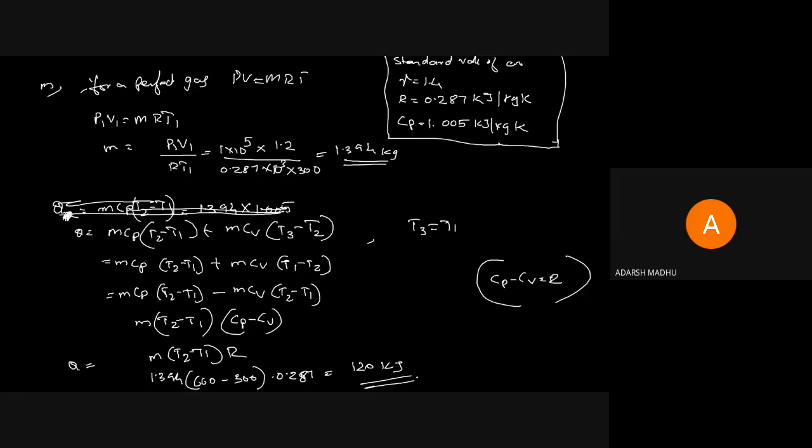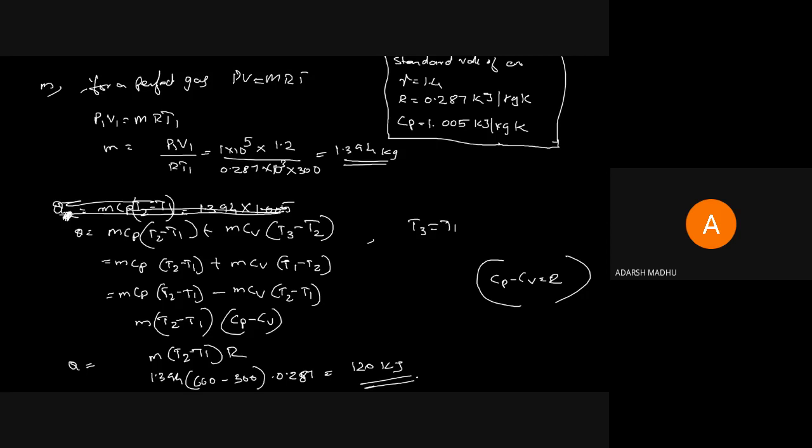If there are two processes, or even three processes, we want to add the whole heat transfer of 1 plus 2 plus 3. So we want to adopt a particular equation for finding the heat transfer value for the constant pressure process and constant volume process. If the question says first we are heating the gas at constant pressure and then cooling it by an adiabatic process, then Q1 is MCP delta T, and Q2 for the adiabatic process is Q equal to 0.